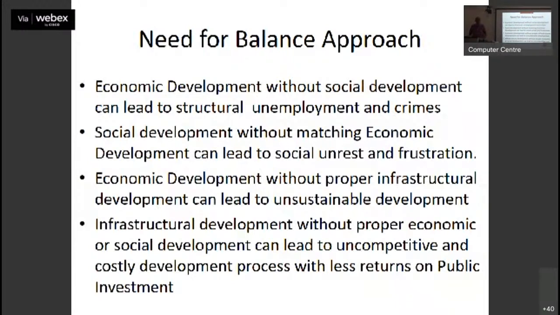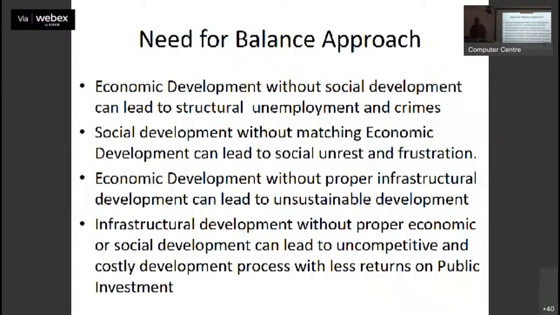There was a shortage of pulses two years ago. Pulses had arrived at the port, and it took so much time to unload them that by then prices had collapsed. Huge agricultural production, but we don't have enough infrastructure to export. Coal problem: again, we don't have enough infrastructure so that we can import coal or do our own mining. So we want proper infrastructure development along with economic development, then only will we be able to maintain sustainable development.